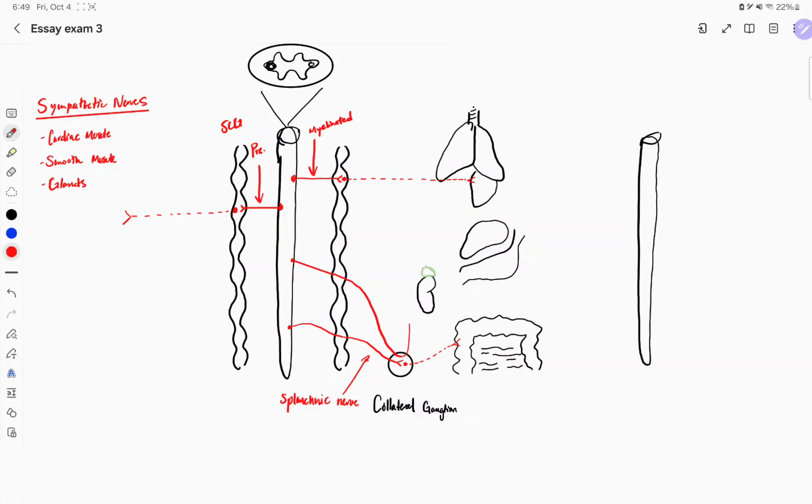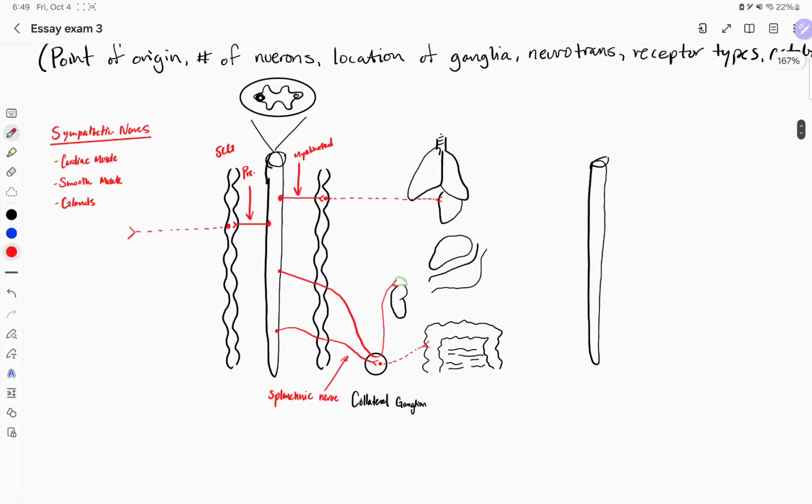It will actually continue on and synapse on the adrenal medulla of the kidney. So notice that there's only one neuron there. There's not a set of a pre and post ganglionic. There's just one neuron that travels all the way and is myelinated. So those are some nerve pathways of the sympathetic nervous system.